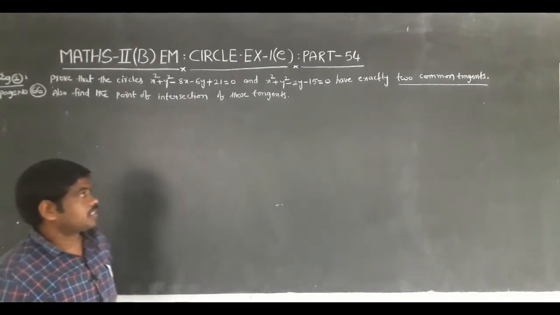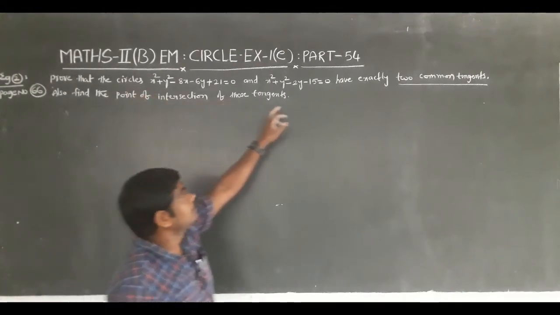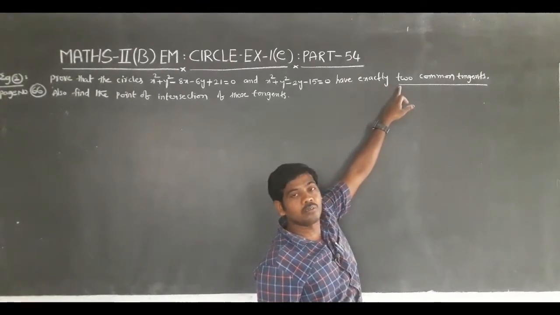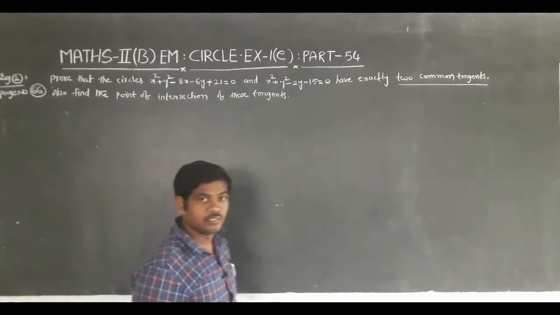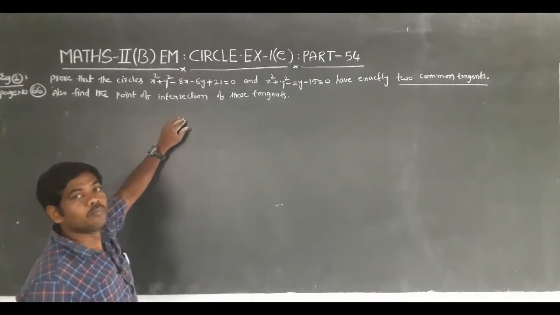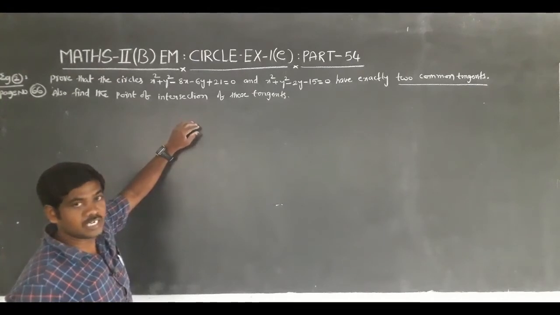Here, first of all, we prove that the given two circles have exactly two common tangents and also find the point of intersection of those tangents.